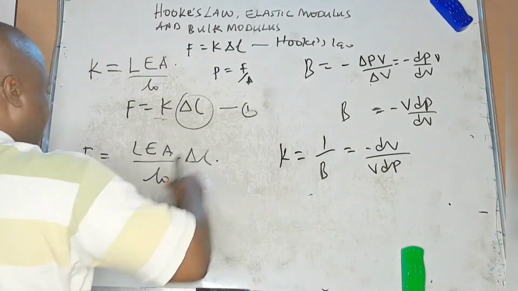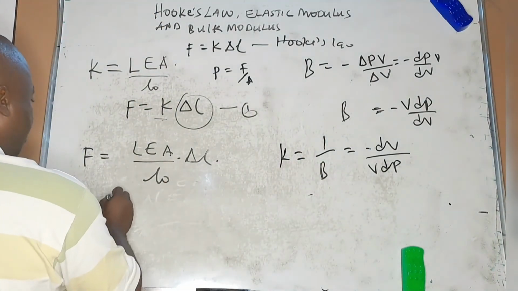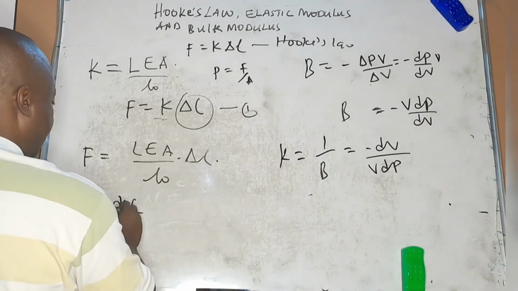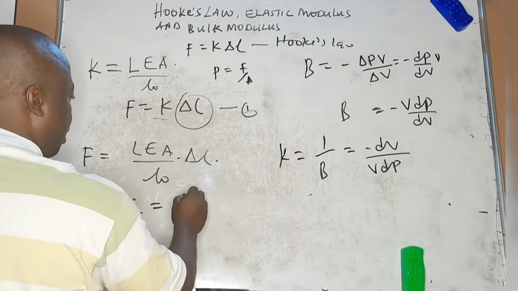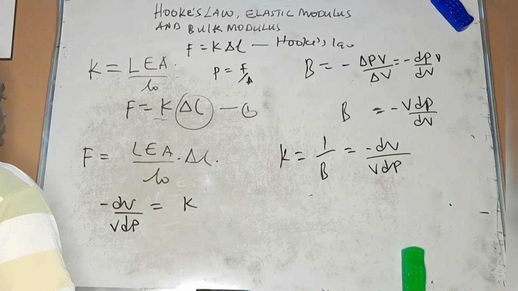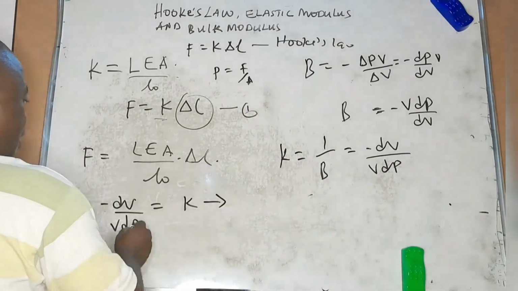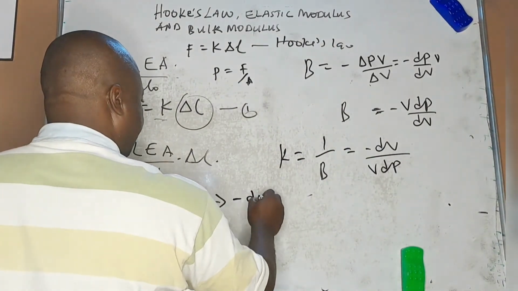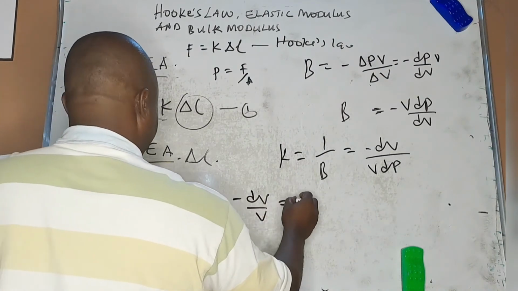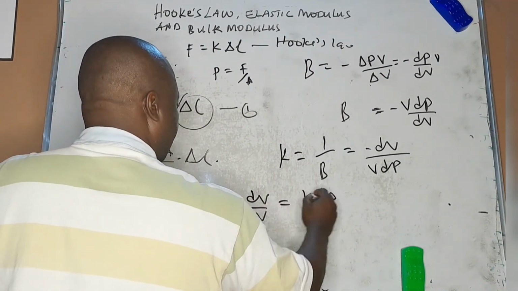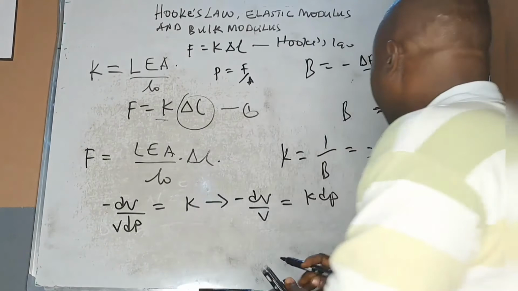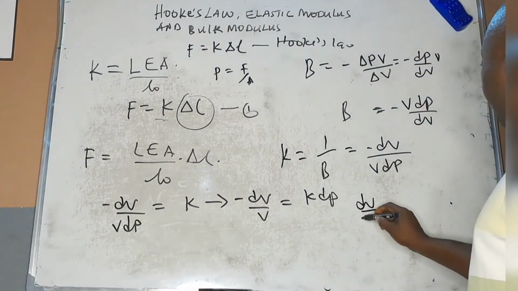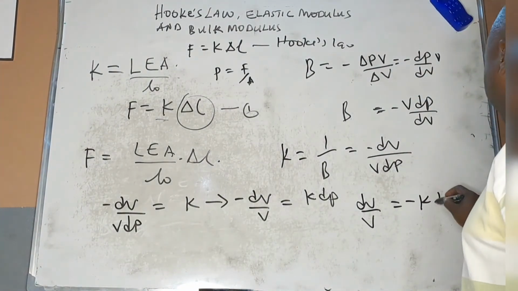I can have minus dV over V dP equals K, compressibility. So I have minus dV over V equals K dP. I can have dV over V equals minus K dP.